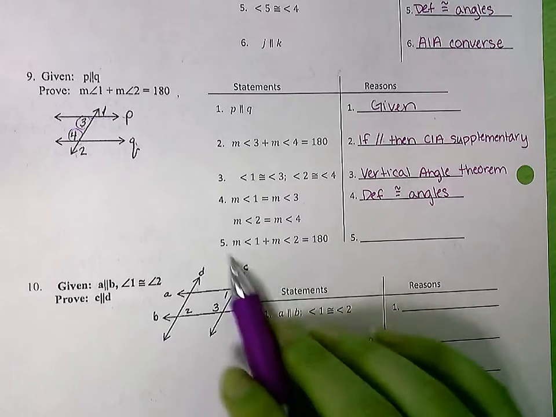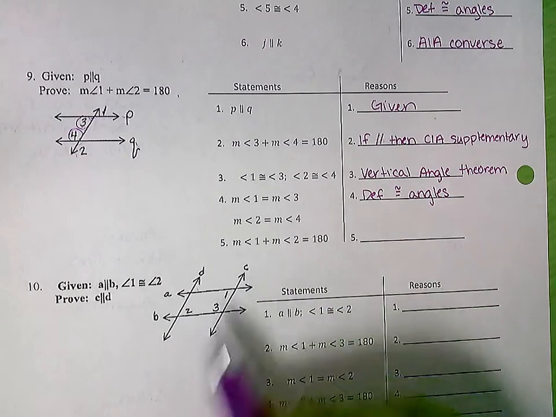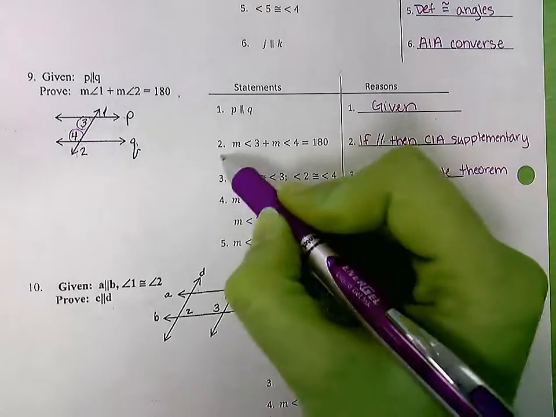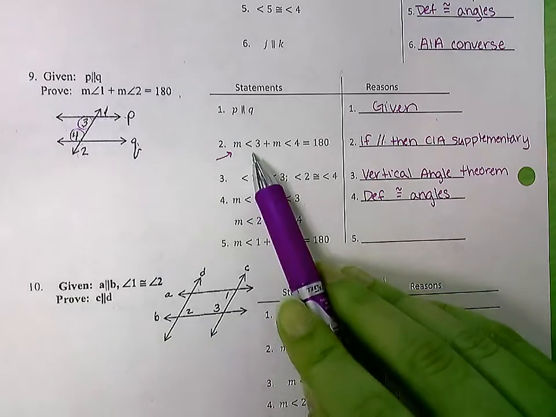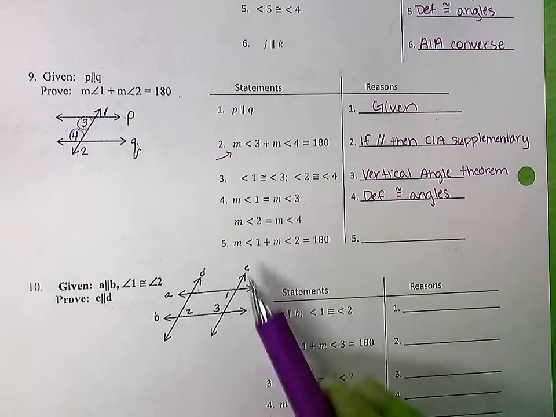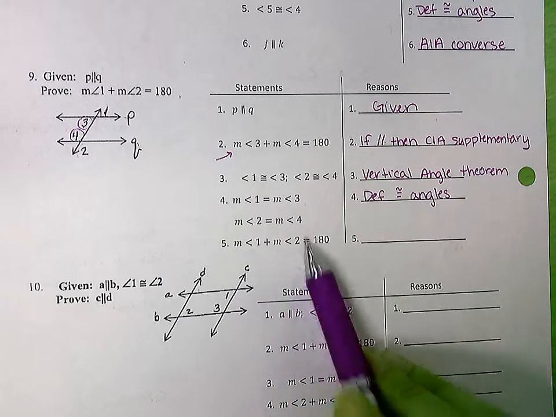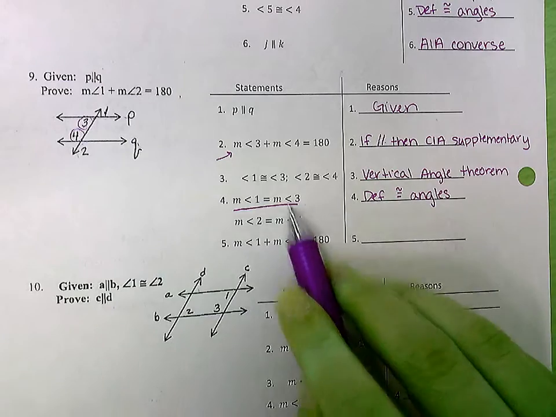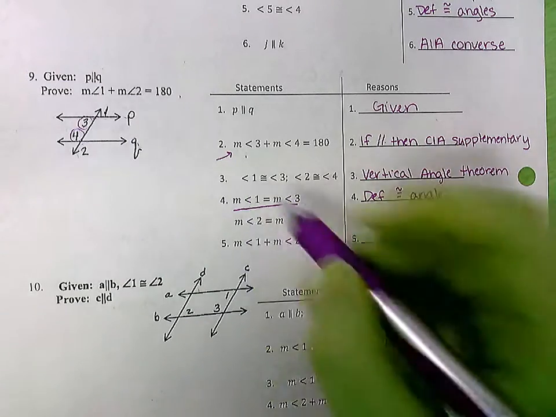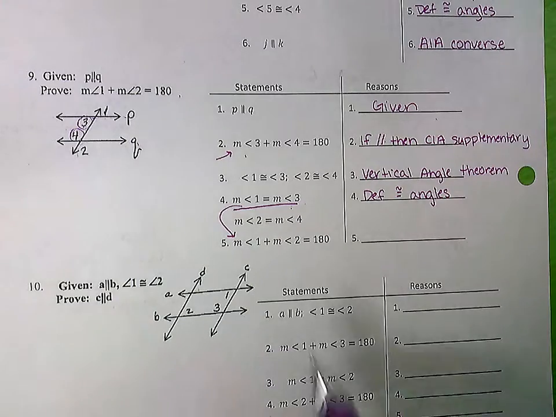Then my last one is what I'm trying to prove. Somehow I changed the measure of angle 1 plus the measure of angle 2. If I go back up at the top, I still haven't used this statement. So I have the measure of angle 3 plus the measure of angle 4. Somehow I changed to the measure of angle 1 and the measure of angle 2. If I look right here, my 3 was equal to 1, so I can replace 3 with 1.